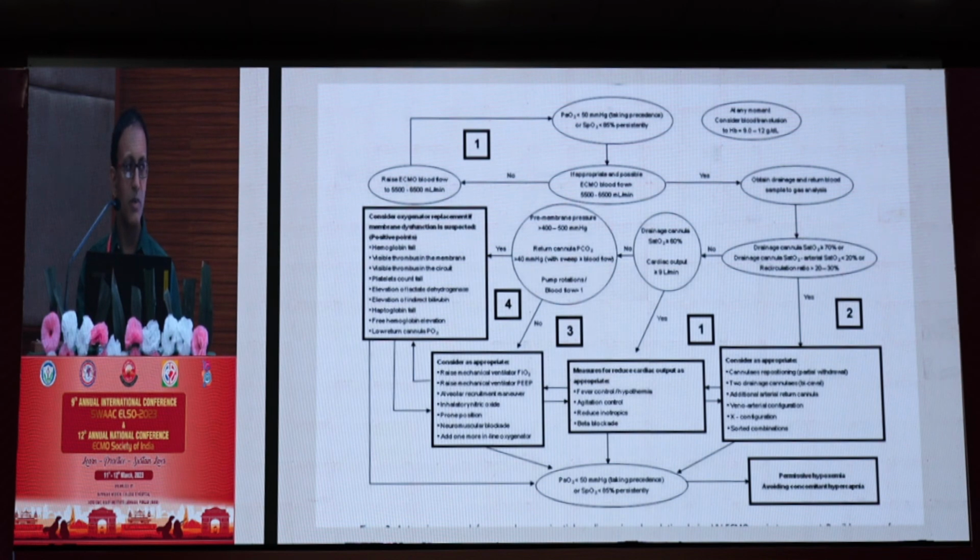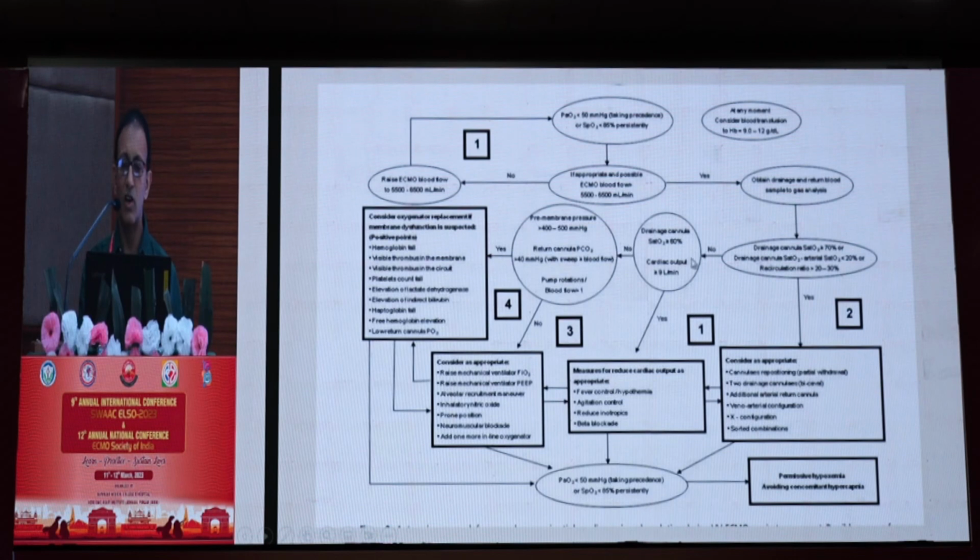This is another chart which I found, which they have already spoken about in detail. So optimize the ECMO flows, then reassess the recirculation part. Coming to this part, I can stress on this: if the drainage cannula saturation is more than 70%, or the difference between the drainage cannula saturation and the return cannula saturation is less than 20%, we can suspect recirculation, and there are methods to tackle that.